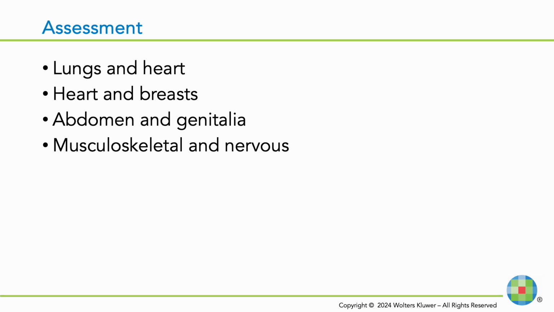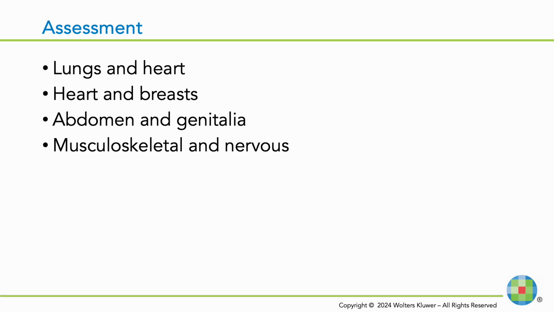Now, when it comes to assessment, how do you do this? Start with your inspection, what you can see visually, and then focus on the body systems. Listen to their lungs and their heart. Pay close attention. Assessing their heart, their chest, their breast, their abdomen, their genitalia.